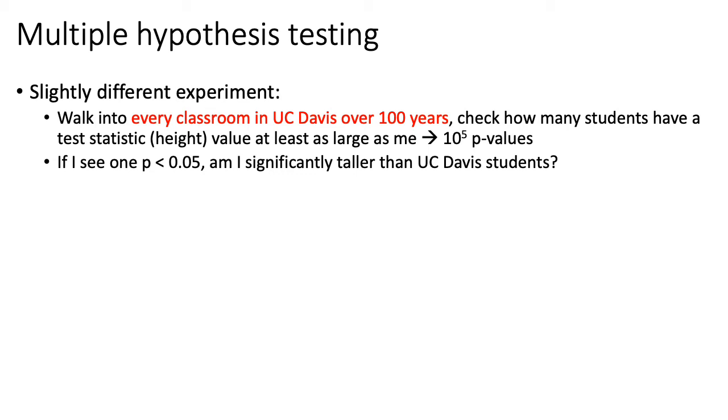MACS2 gives you p-values for all the different peaks it calls across the genome. And so to flip through this list of peaks and say which ones are real and which ones aren't, you have to look in part at the p-values and judge which ones are less than 0.05, but also take into account the fact that you're looking at multiple peaks. And so you're essentially doing multiple hypothesis tests.